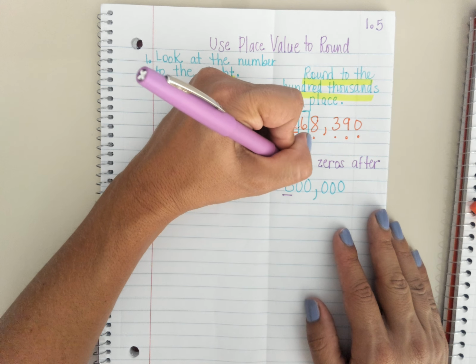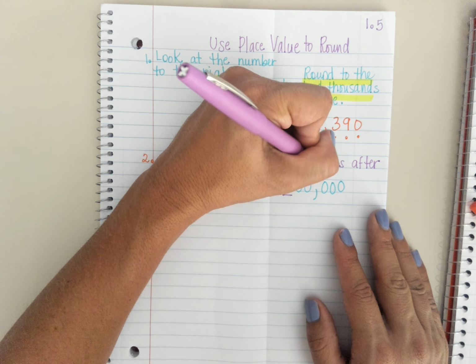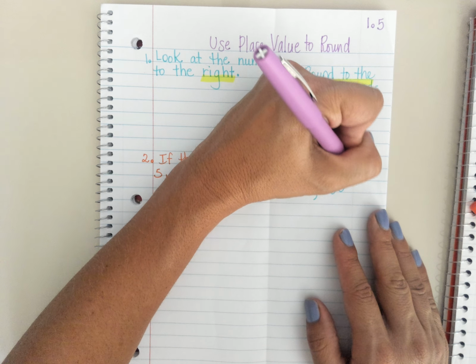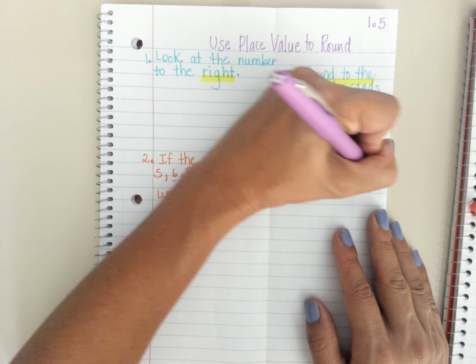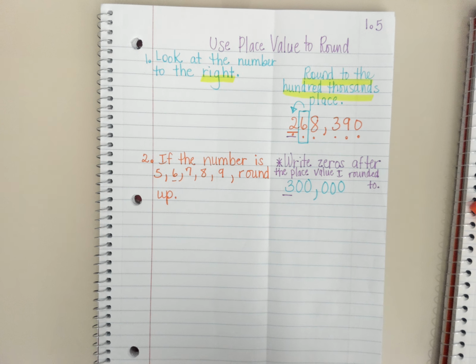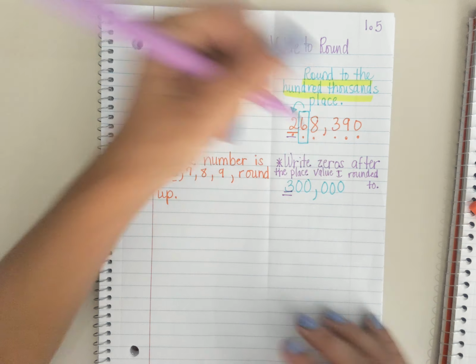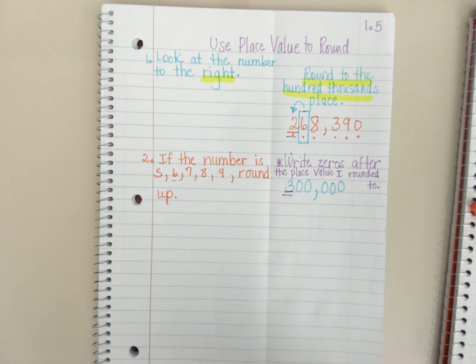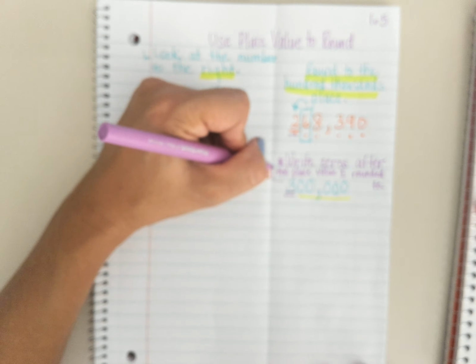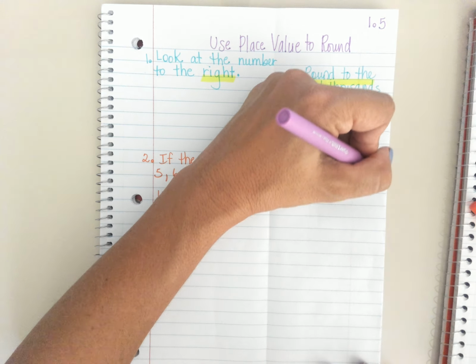It's trying to run out of room here. So whenever you round, make sure that everything after the digit you rounded to is a 0. Keep that in mind.